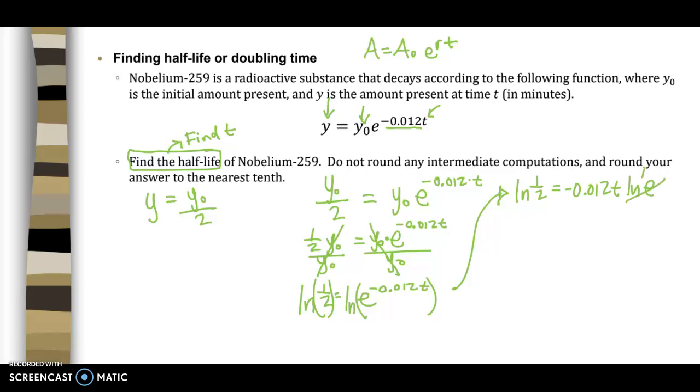So now I have negative 0.012 times t, so let's get t by itself by dividing out and getting that to be 1, but I need to divide on both sides. So I'm going to get t is equal to the natural log of 1/2 divided by negative 0.012.